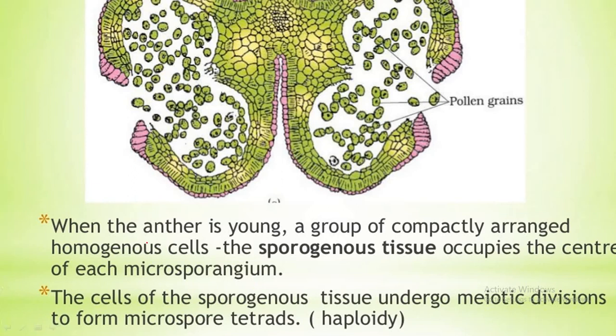This is a diagram of a mature dehisced anther releasing the pollen grain. This is mature anther, and dehisced means it has been broken. The walls have been broken and it releases the pollen grains out.